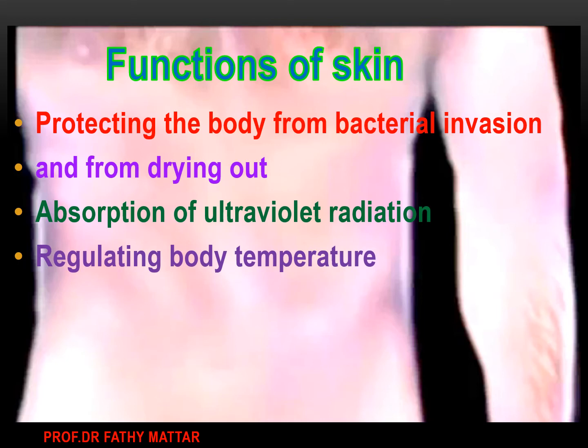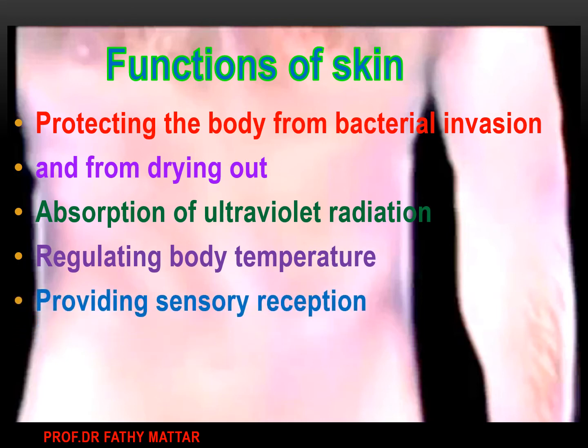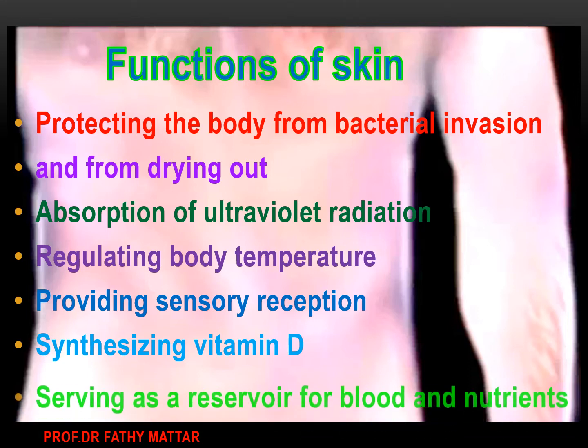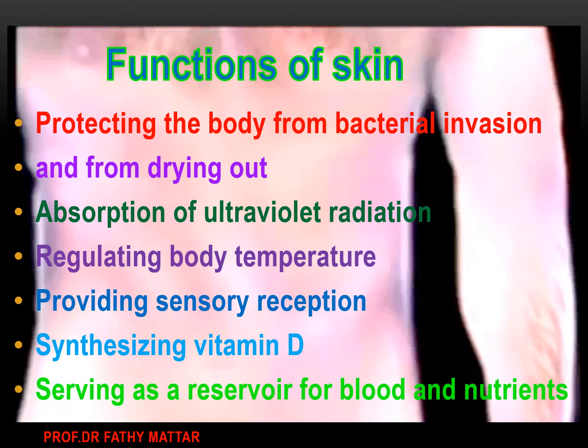It regulates the body temperature, as we will see. It provides sensory reception. It synthesizes vitamin D by the help of ultraviolet rays of the sun. It serves as a reservoir for blood and nutrients.